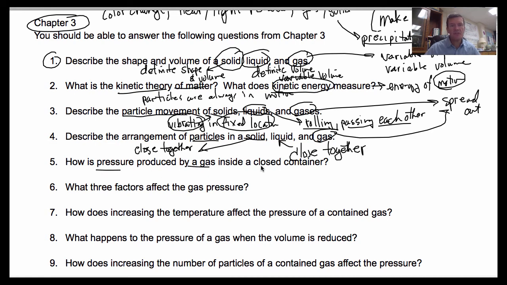Pressure produced by a gas in a closed container. Pressure is produced by a gas because of collisions by the gas particles with the inside of the container.